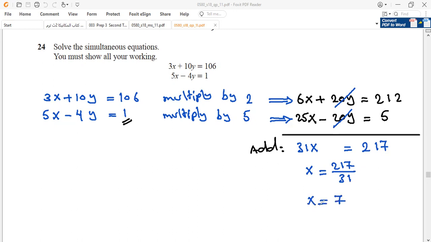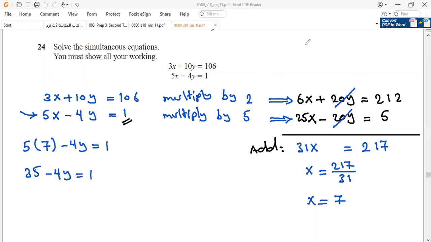Now we can take the value of x and substitute it in this equation. 5 times x, replace x with 7 in brackets, minus 4y equals 1. 5 multiplied by 7 is 35, minus 4y equals 1.